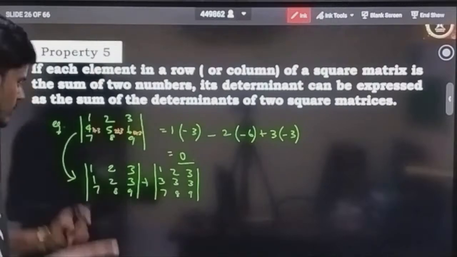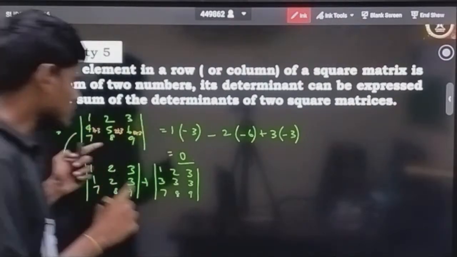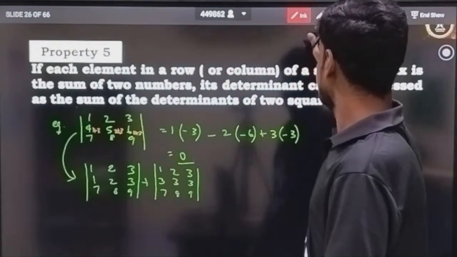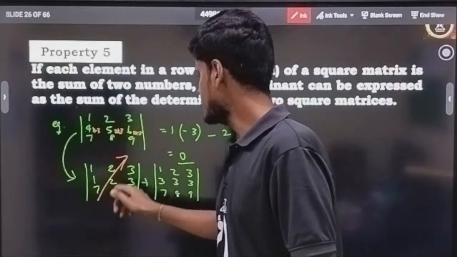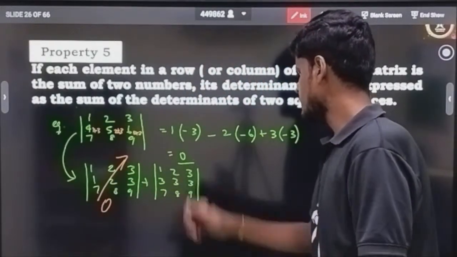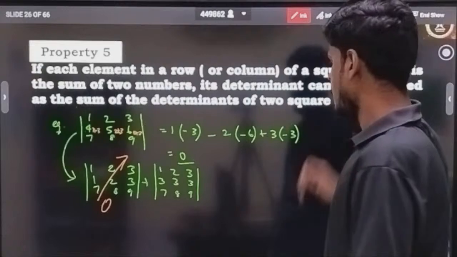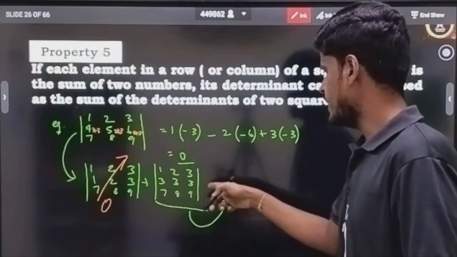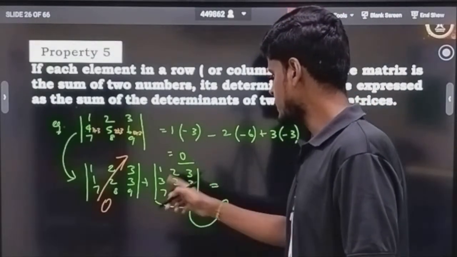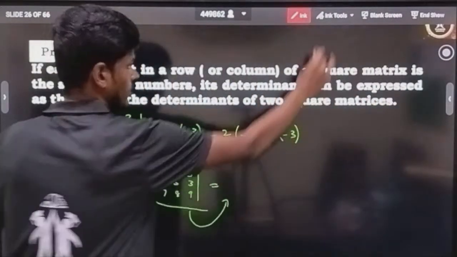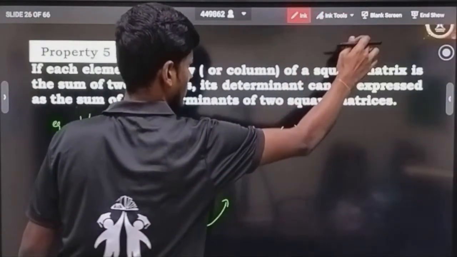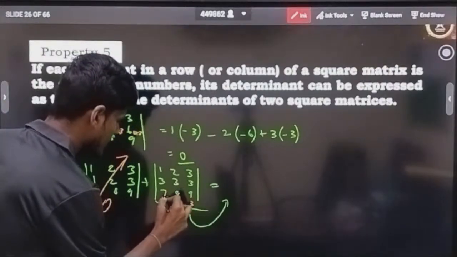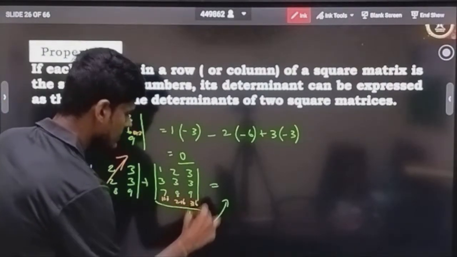Now we already know the value of the first determinant. By the previous property we discussed, if any two rows or columns of a determinant are identical, its value becomes 0. So this determinant is 0. What about the second determinant? Again we can split 7, 8, 9 in terms of 1, 2, 3, as 1 plus 6, 2 plus 6, 3 plus 6.